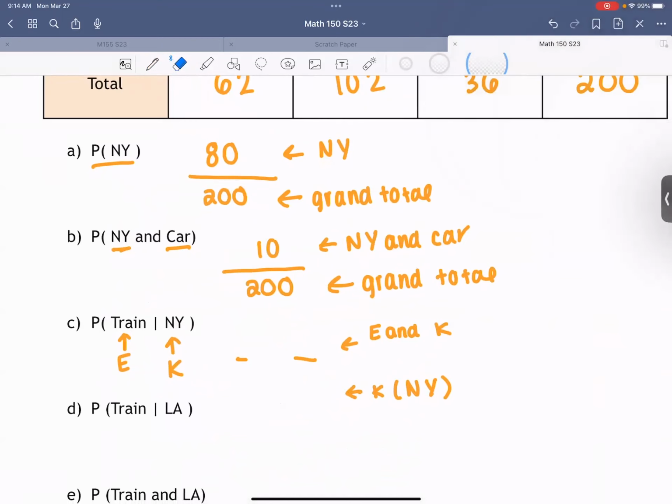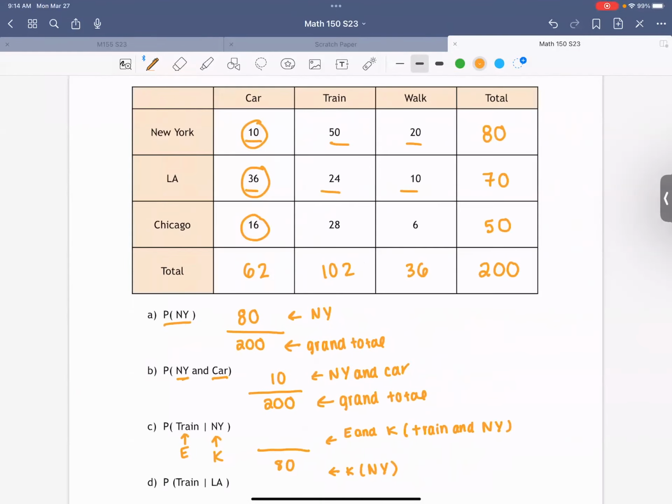Here we go. The number on top is where both E and K are true. So in terms of our question, we're looking for people who ride the train and are from New York. How many people are in New York and ride the train? 50, good, right?